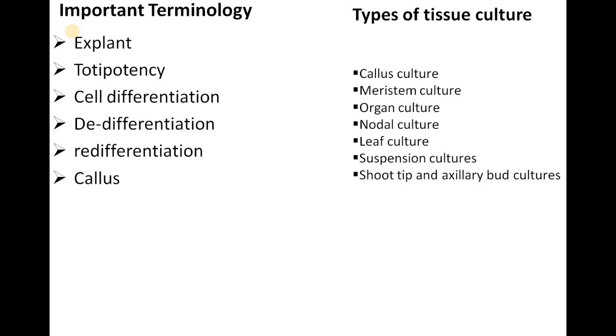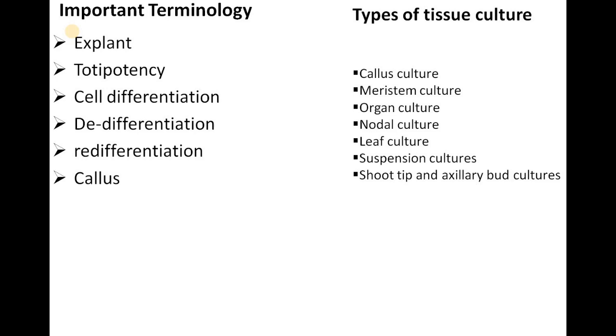Cell differentiation is the process in which an embryonic cell, stem cell, or meristematic cell undergoes differentiation, giving rise to specialized types of cells like xylem cells or phloem cells. Dedifferentiation is an event in which differentiated or specialized cells like floral cells or leaf cells revert back to their embryonic status. This process is called dedifferentiation.